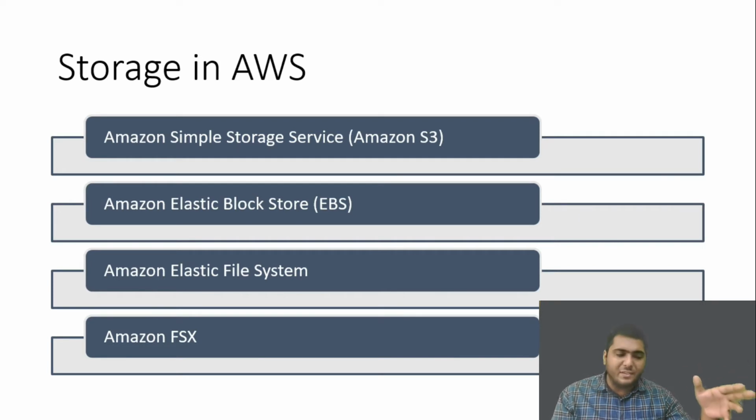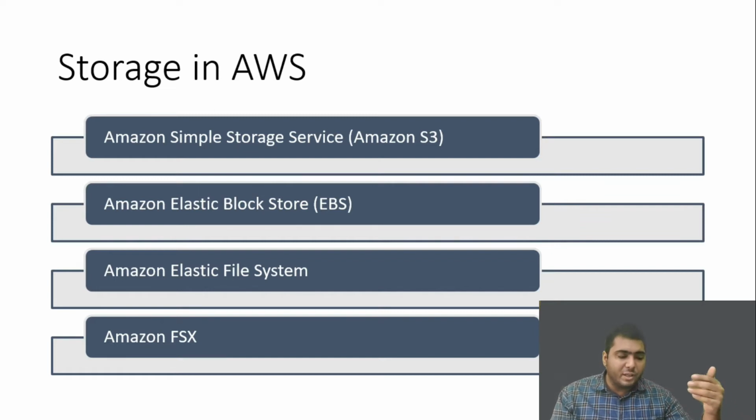In that case, Elastic Block Store is the option for you. You can add more storage, like 500 TB or 400 TB, to an existing virtual machine.